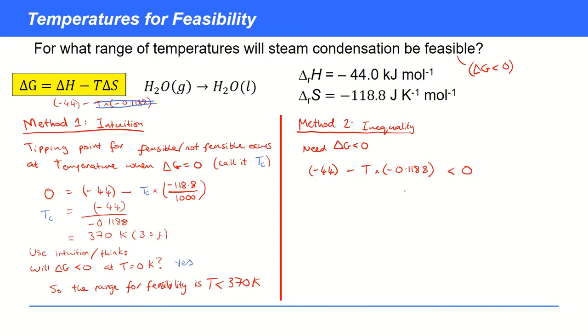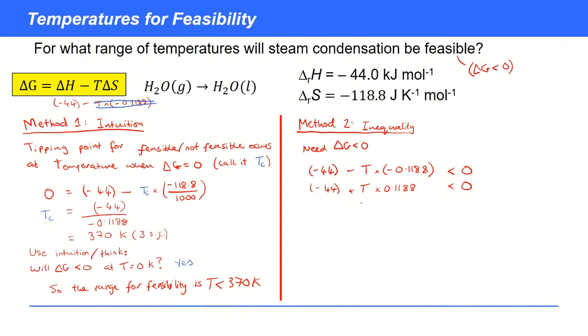Now you've got to be extra careful with these inequality signs. At this point, I would suggest that we multiply through our minus signs. So we're going to have minus 44, and then minus T times a minus number becomes plus T times 0.1188. It's got to be less than 0.